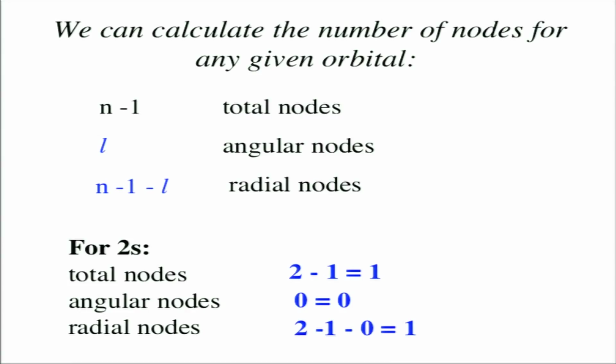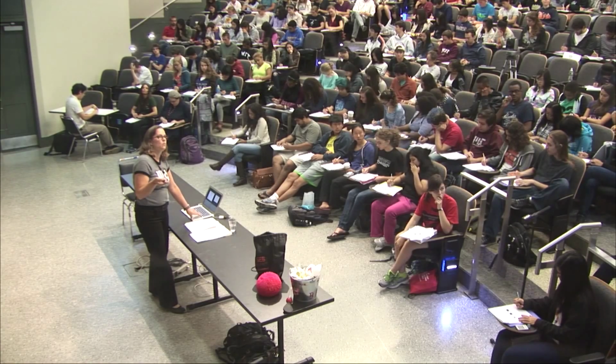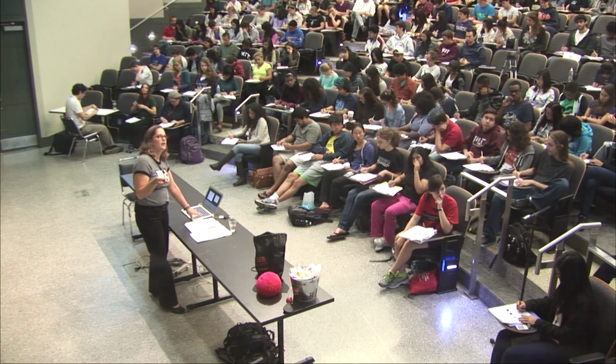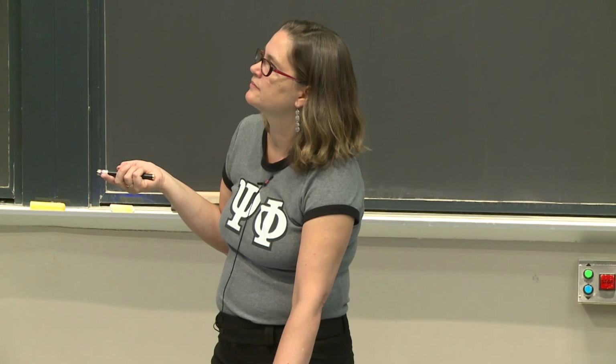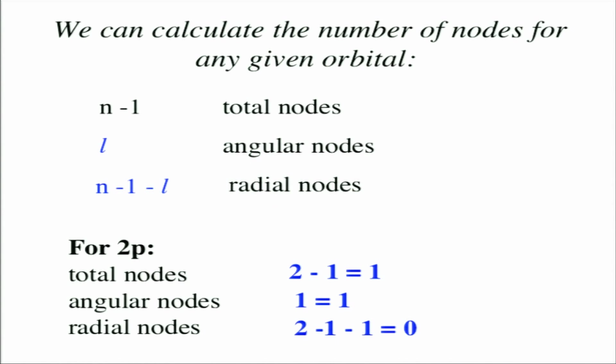All right, let's try 2p next. Total nodes, 1 again. So 2 minus 1, or 1. Angular nodes, 1. L equals 1 here. And radial nodes, right, 2 minus 1 minus 1, or 0.